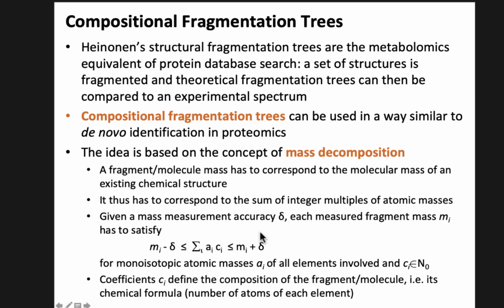In turn, you can figure out which ways there are to create a certain mass. So it's kind of related to this money changing problem. If you want to give someone $5.25, there are numerous ways in which you can do it if you're given a certain set of coins and bills.